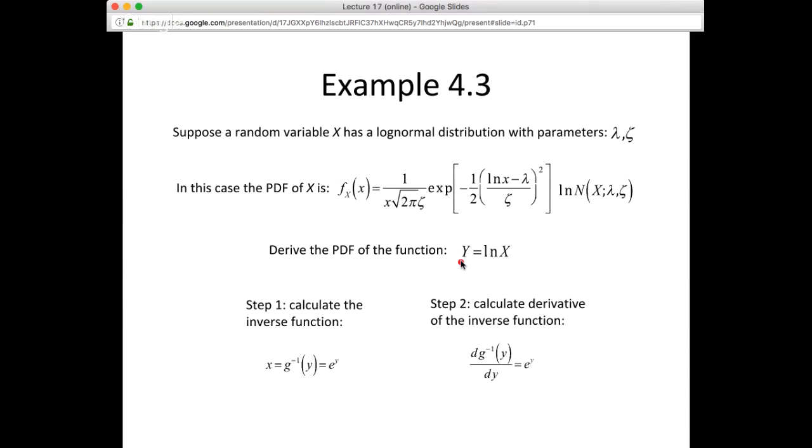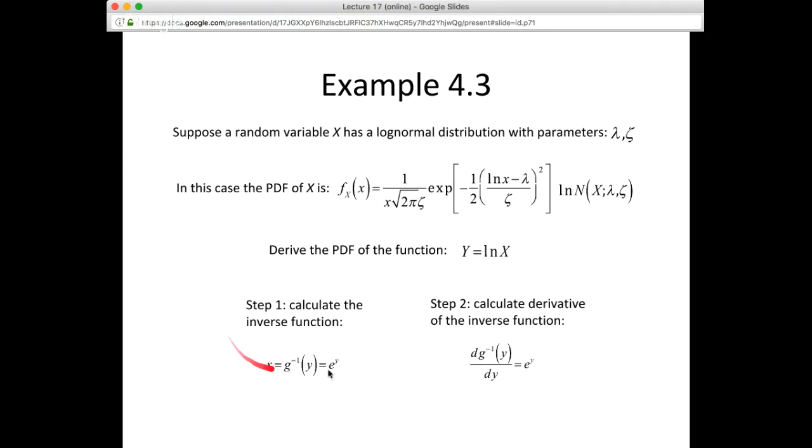Before we even go anywhere, you can probably figure out what's going to happen. This is a new random variable that is the log transform of the original random variable. And so if the original random variable is log normally distributed, and we take the log of those values, then y should be normally distributed. So that's what we're trying to show here.